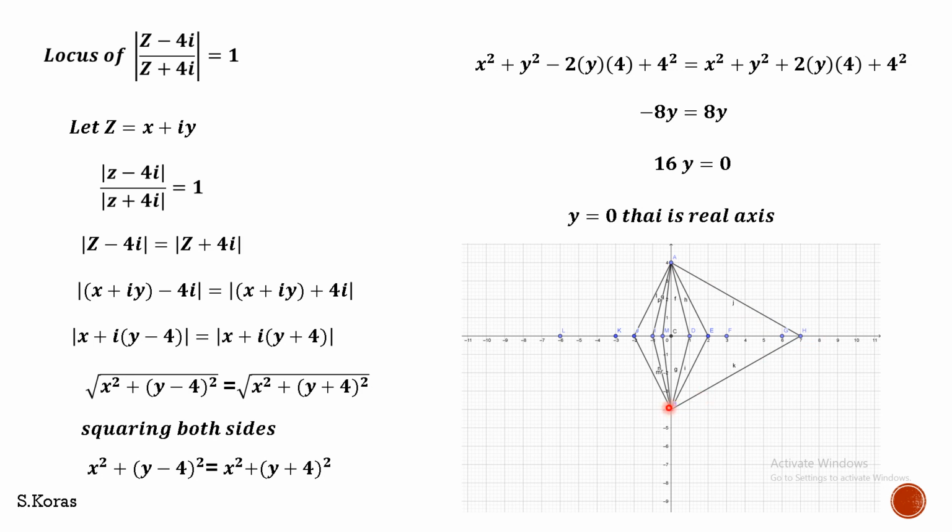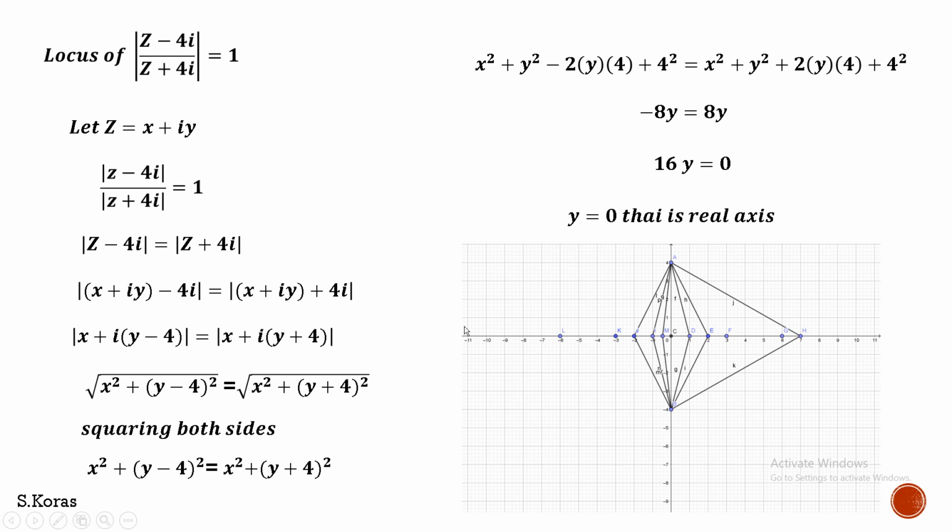So we have received the same answer as the x-axis, which we got with equations. We have received the same answer graphically. So the locus of modulus of z minus 4i by z plus 4i equal to 1 is nothing but y is equal to 0, that is the real axis.